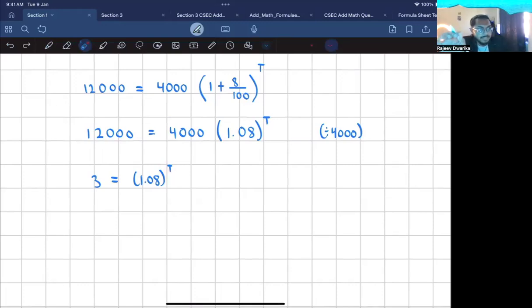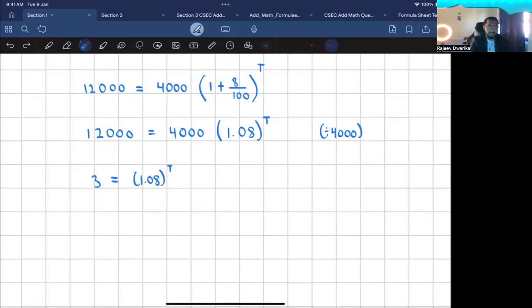If I'm trying to find t, do I want it to be a power? No. So did we do anything so far that would allow us to take a power and bring it to the side? Yes, we did. And what topic was that?